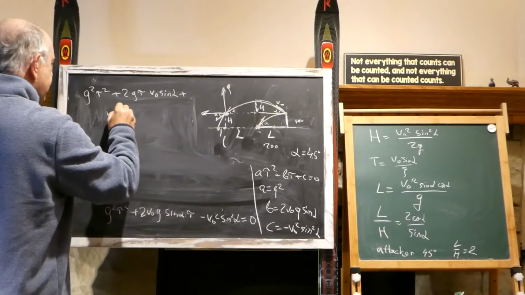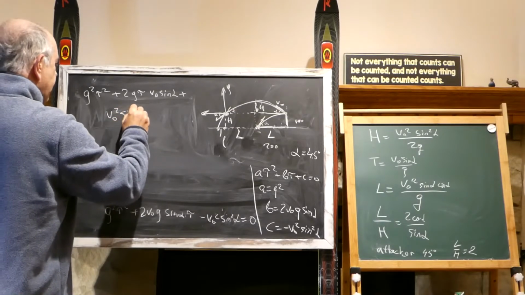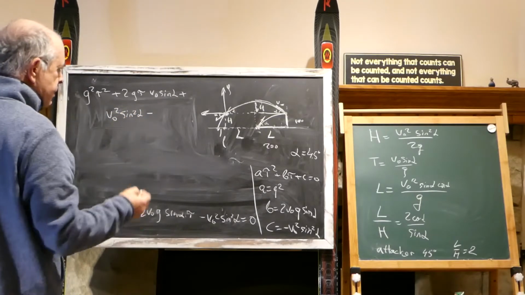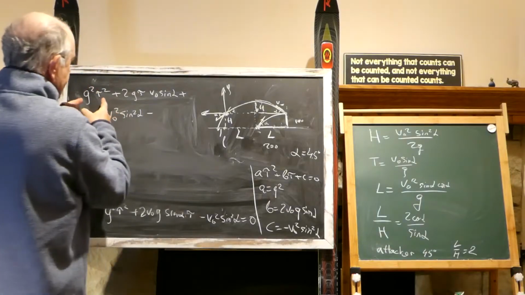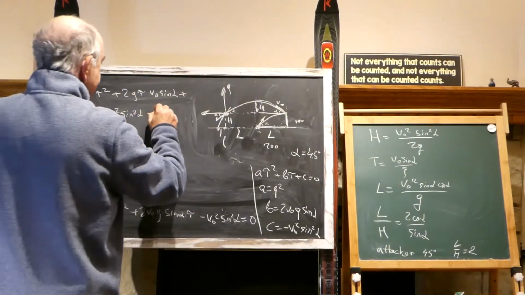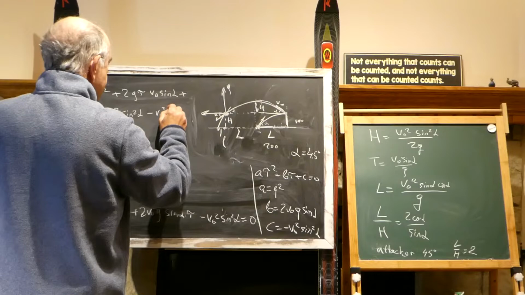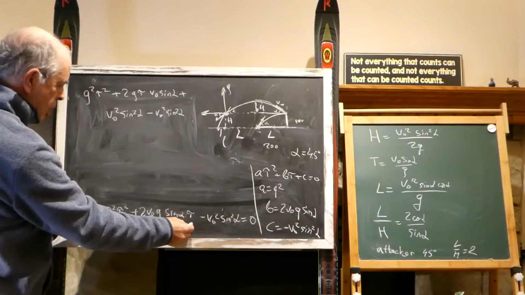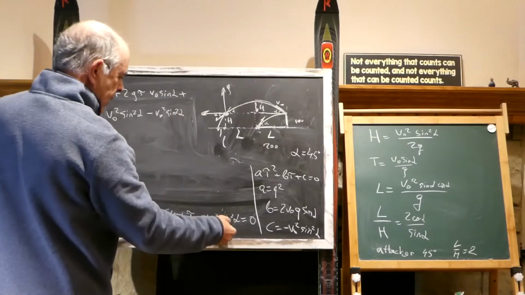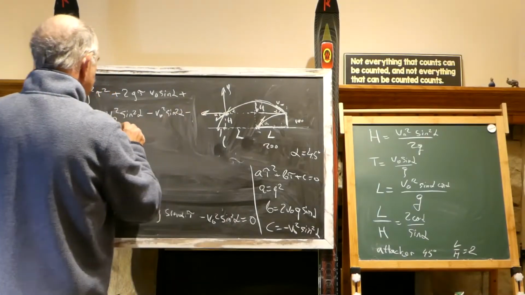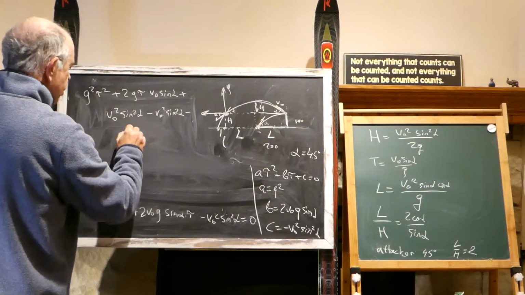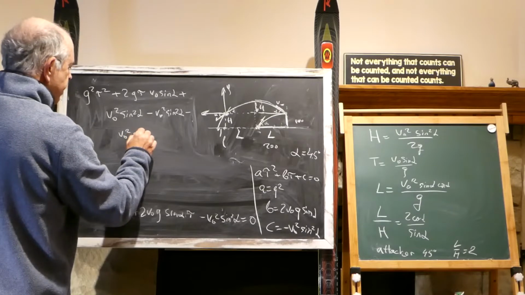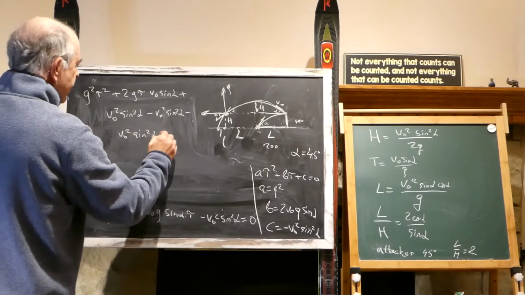So I put v0 squared sine squared alpha, and I have to subtract it, because I put b squared and I subtract the same v0 squared sine squared alpha. But then I have this standing on its own, so I put minus v0 squared sine squared alpha equals 0.